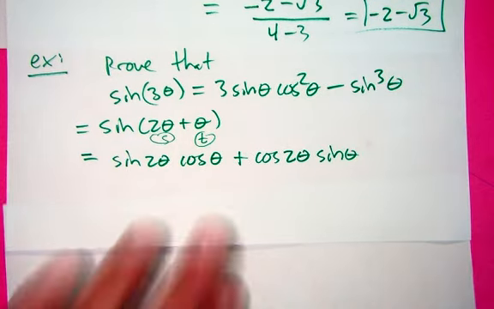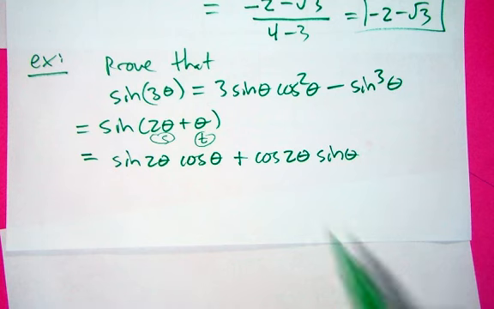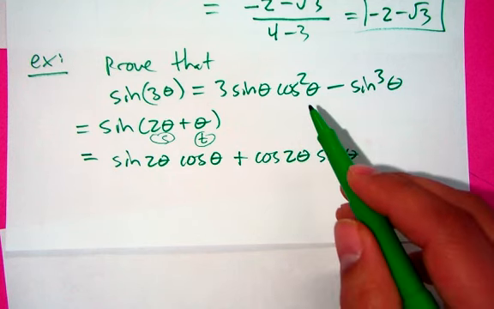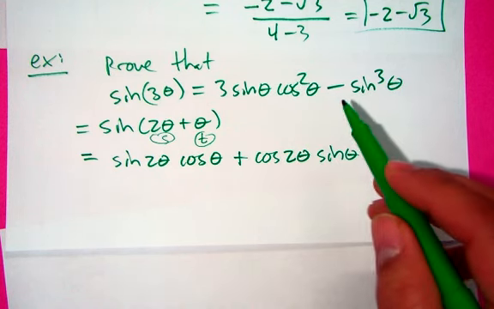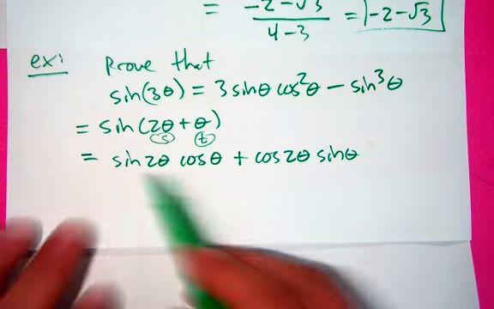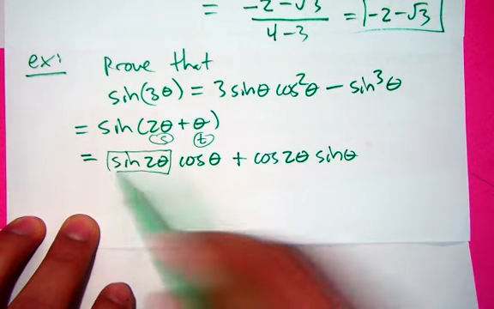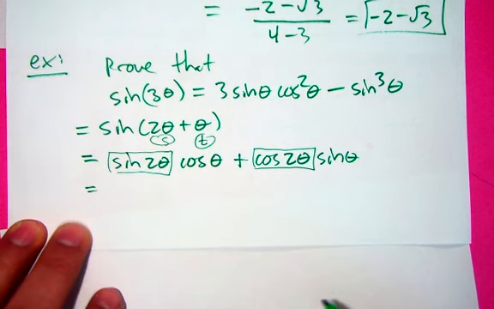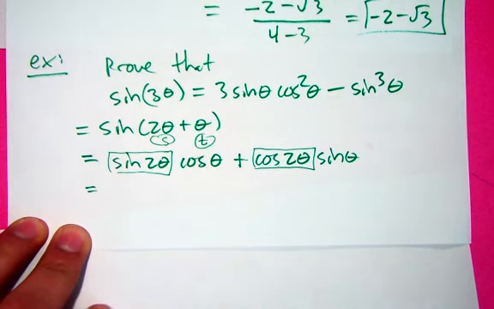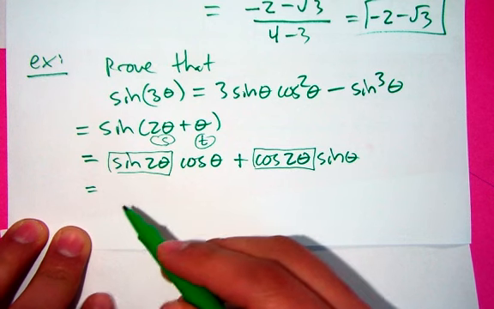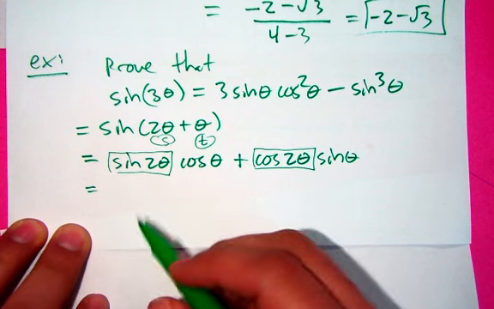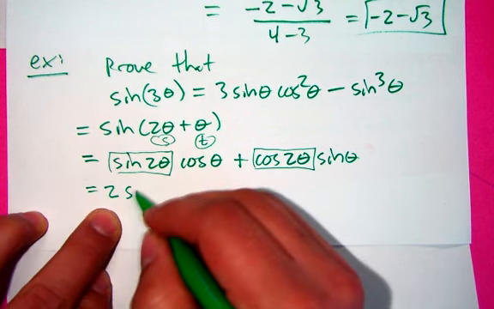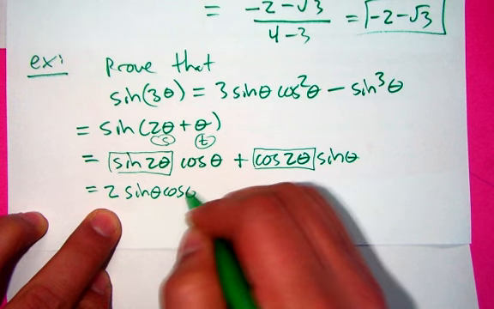Good. And now if we're looking at where we're at and where we need to end up, you see the right-hand side has all thetas, right? So do we have a way of changing these? Well, we could split them up, but we have a shortcut now. We can use the double angle formula for sine. What's sine 2 theta? 2 sine theta cosine theta.